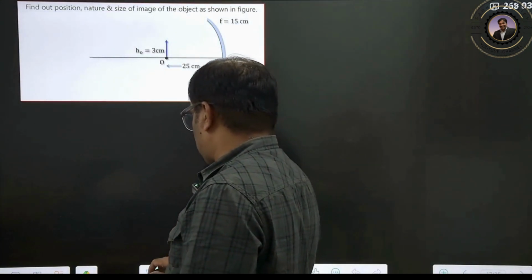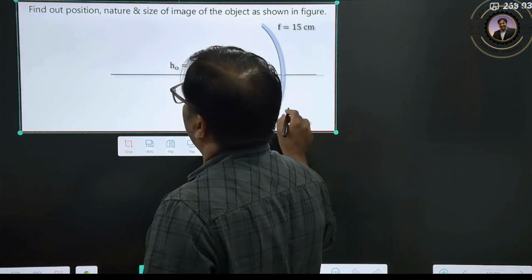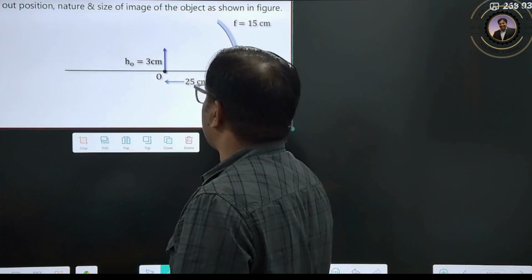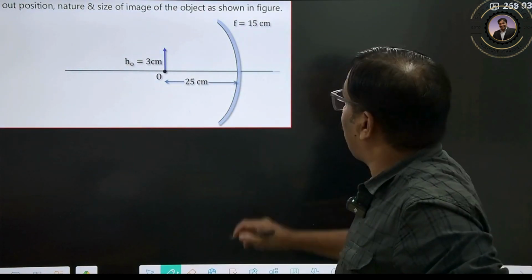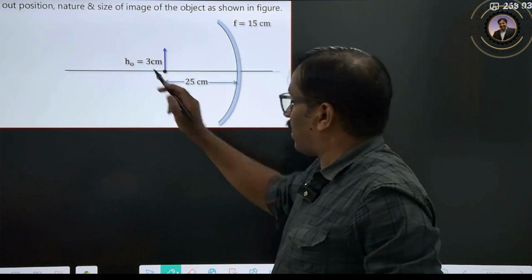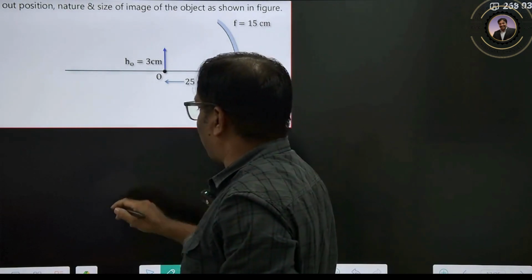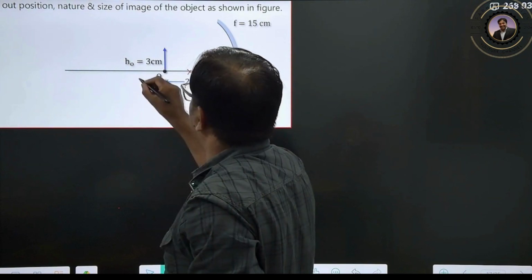Next, here again it asks to find the position, nature and size of the image for this concave mirror. Here it is 15 centimeter, here 30 centimeter.